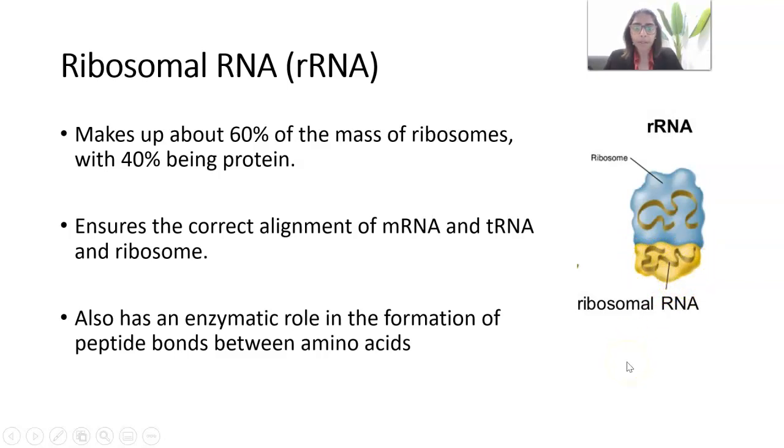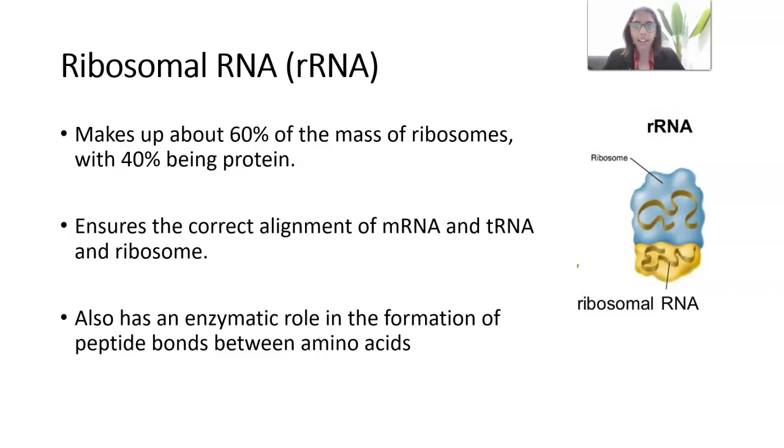About 60% of the mass of ribosomes is that RNA, with 40% being protein, so it's quite significant. Now, this ribosomal RNA ensures that our mRNA and tRNA molecules, which we will talk about later, line up correctly.